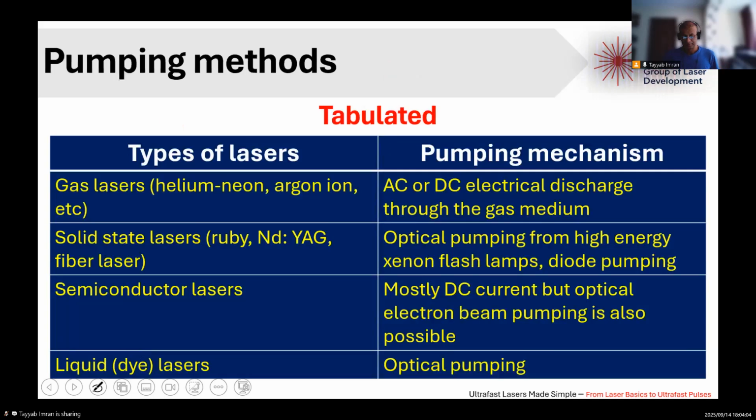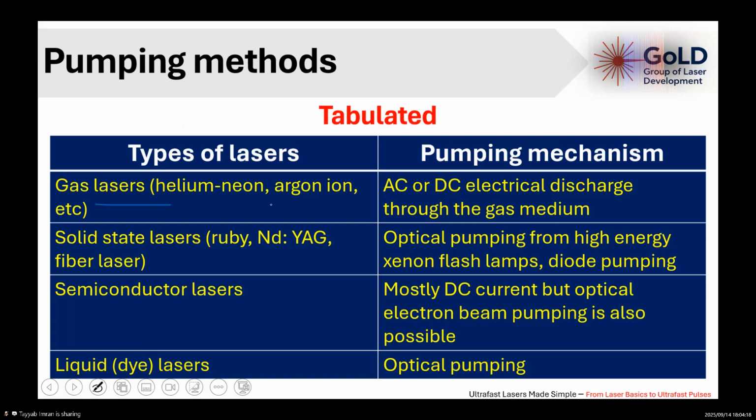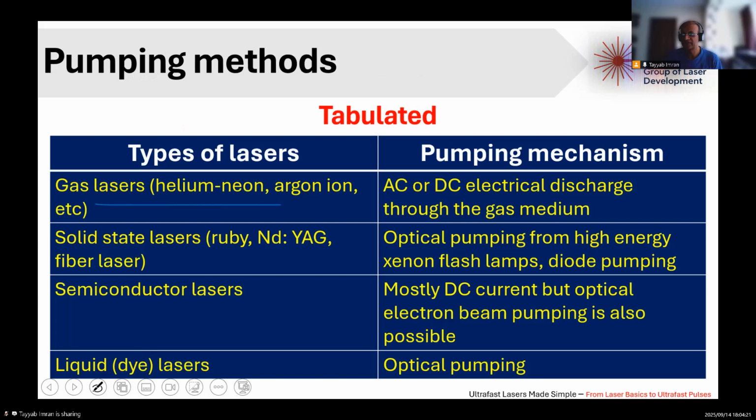So if I tabulate the types of lasers and the pumping mechanisms or pumping schemes, you can see here the gas laser. The major gas lasers are helium neon, argon ion, nitrogen, carbon dioxide, etc. The pumping method for these gas lasers can be AC or DC electric discharge through the gas medium, which is the laser medium.